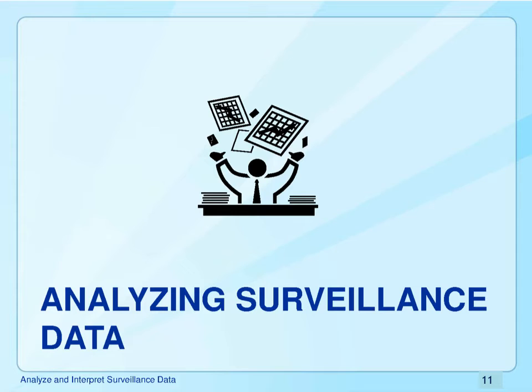I think a lot of times people assume that data analysis is a very difficult proposition. It involves statisticians and epidemiologists and biostatisticians and expensive computer programs, okay? When in fact, that's not always the case, because keep in mind, here we're talking about descriptive data: person, place, and time. We're not talking about analytical data related to host, agent, and environment.